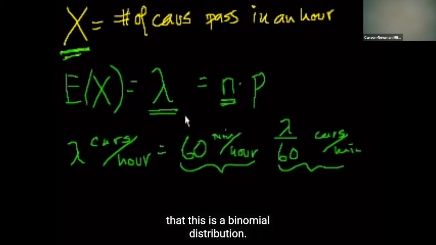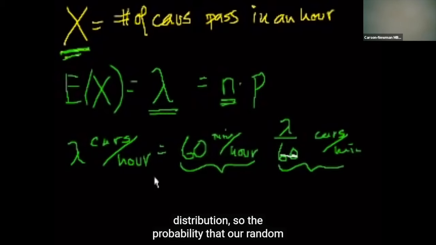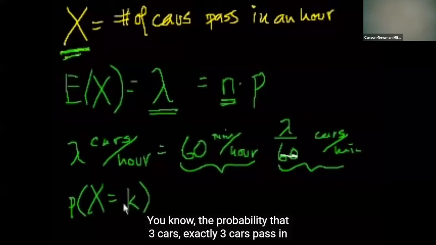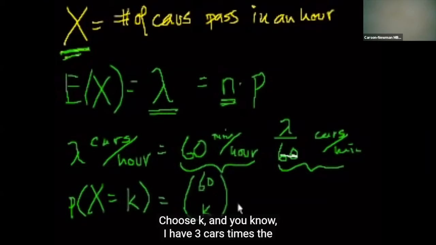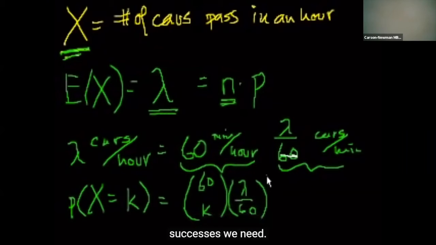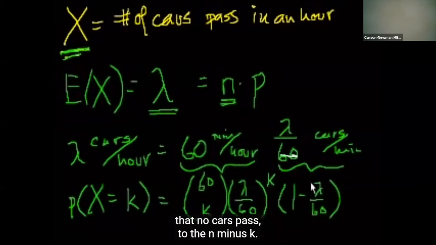If we said that this is a binomial distribution, and this probably wouldn't be that bad of an approximation, then the probability that our random variable equals some given value k, the probability that exactly three cars pass in a given hour, would be equal to n, which would be 60, choose k, times the probability of success, so the probability that a car passes in any minute, lambda over 60, to the kth power, times the probability of no success, or that no cars pass, to the n minus k.